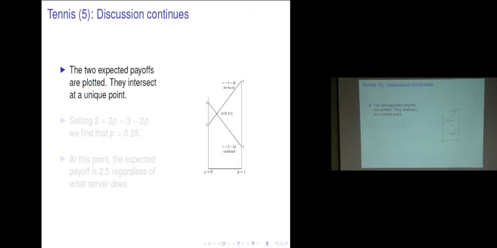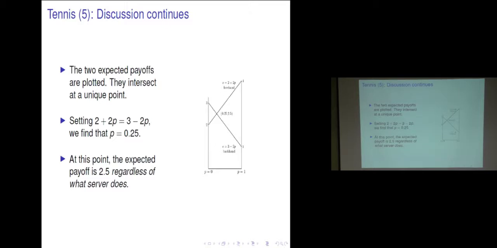In any case, in this particular example, the lines cross here. If you calculate, this is the equation to find the intersection. You find that when P equals 1/4, you get payoff 2.5. At this point, the expected payoff is 2.5, regardless of whether our opponent serves forehand or backhand, because it hits the same point.